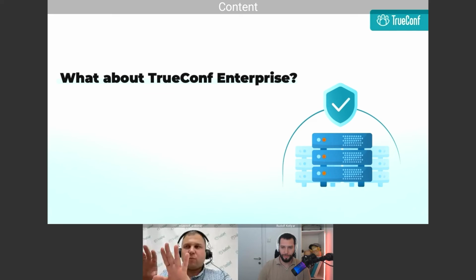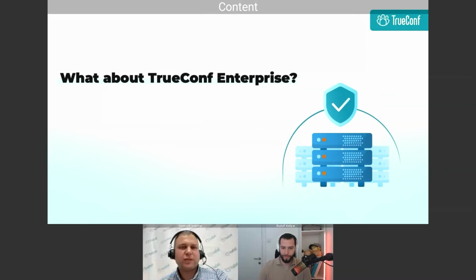And if you need more than one server, this is something we call enterprise, because we need a global catalog of users. We need licensing, load balancing, and some other stuff. That's why we call this enterprise.